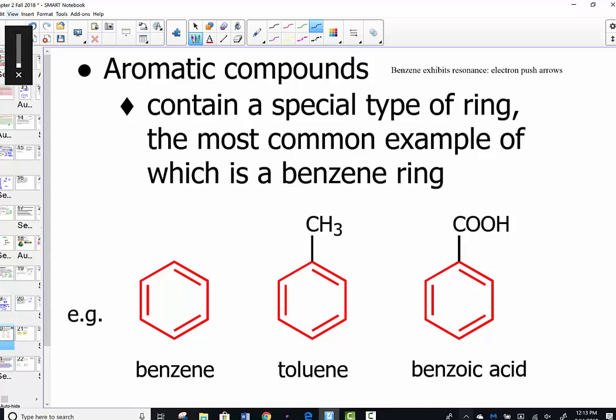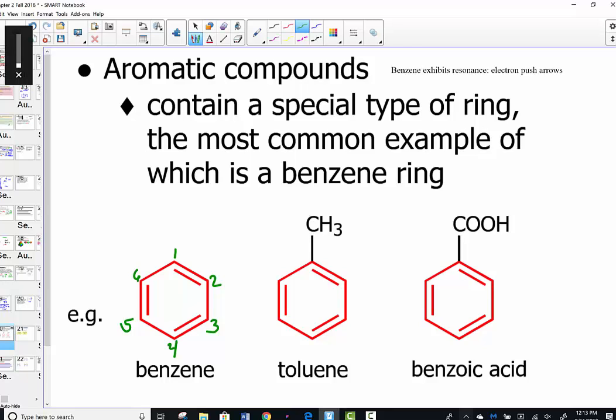You will know benzene. Benzene, a 6-carbon ring: carbon 1, 2, 3, 4, 5, 6. What do you notice inside the ring in terms of bonding? Yeah, so I see this alternating double, single all the way around the ring.